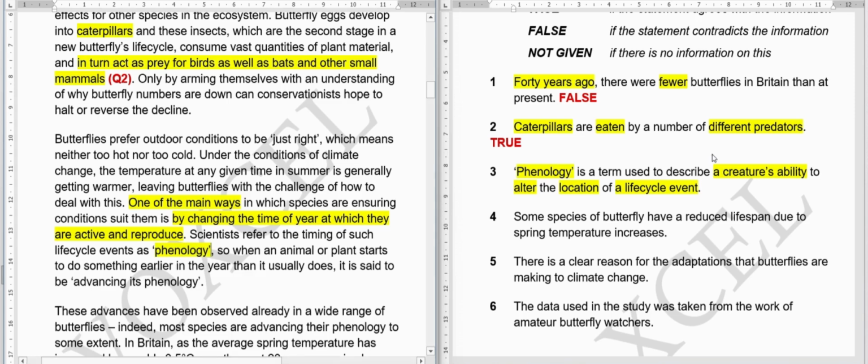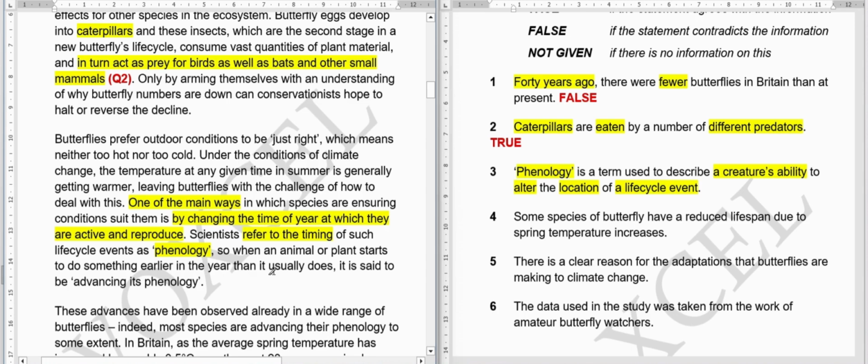So this is our keyword, phenology, and scientists are referring, meaning describing, the timing of such life cycles with this. So when an animal or plant starts to do something earlier in the year than it usually does, it is said to be advancing its phenology.